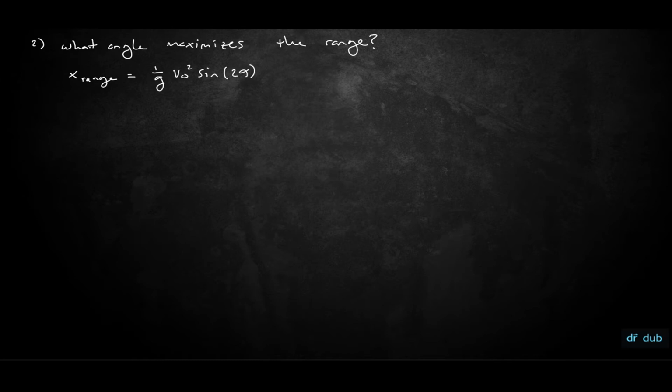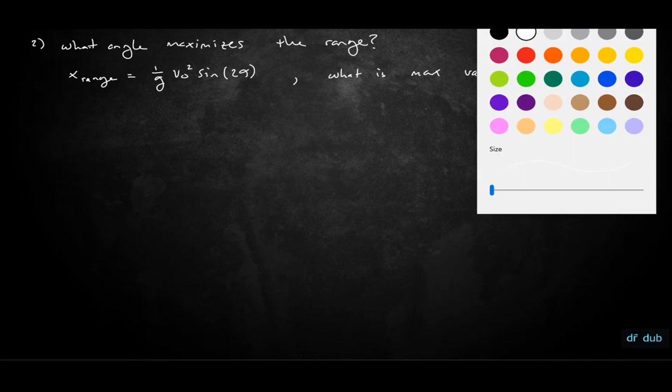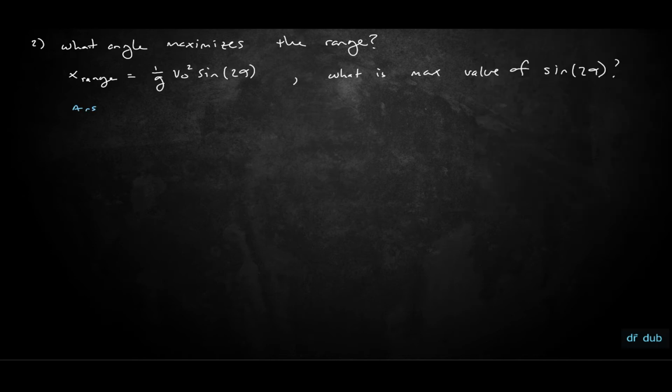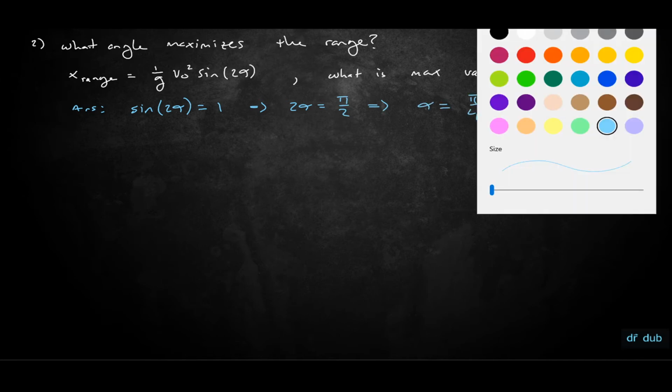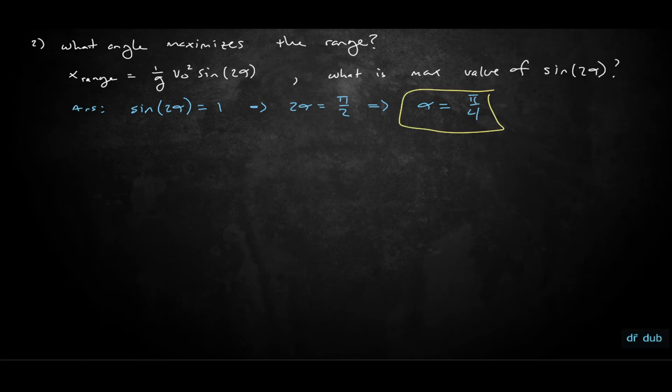So the question is, what is the max value of sine 2 alpha? The answer is sine of 2 alpha is maximized at 1. Well, that's when the angle 2 alpha is equal to pi over 2. Well, that's when alpha is equal to pi over 4. So that is the angle that maximizes your range for any given initial velocity.